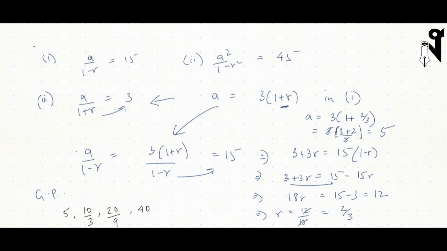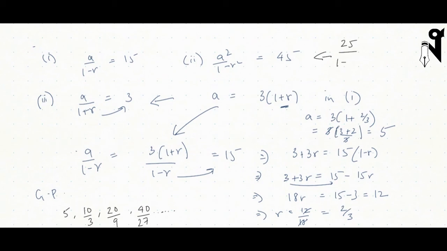This is the GP. We can always check our answers. We can check our answer by putting the same thing in the second equation. Second is this one. I have a square. Now a square is 5 square, that is 25, upon 1 minus r square. R square has now become 2 by 3 square.